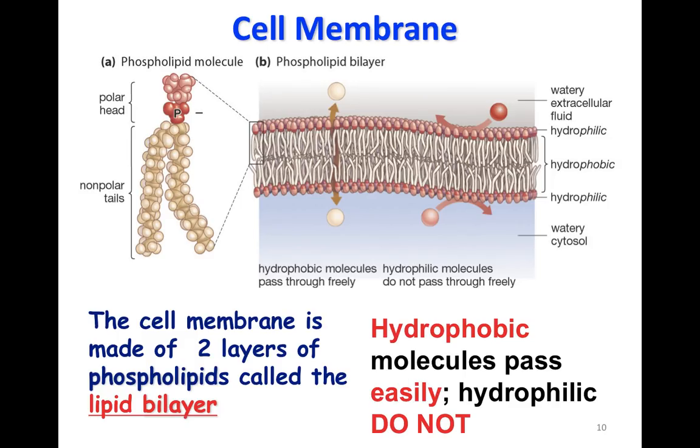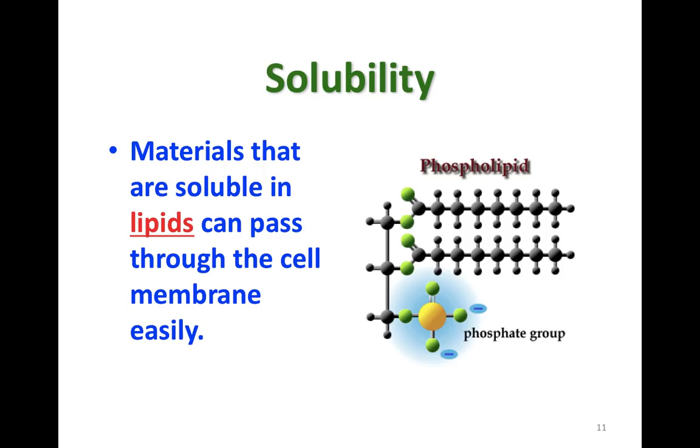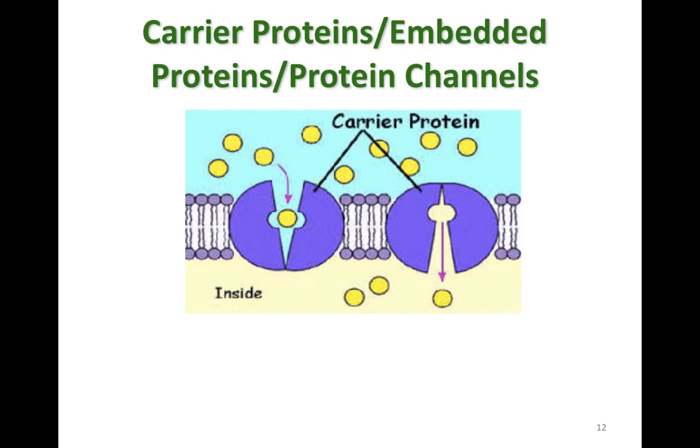Hydrophobic molecules can pass easily through, while our hydrophilic molecules are not allowed to pass through, so they'll have to go through a channel. Solubility: materials that are soluble in lipids can pass through the cell membrane easily. So if it's soluble, meaning it's going to be dissolved, basically.